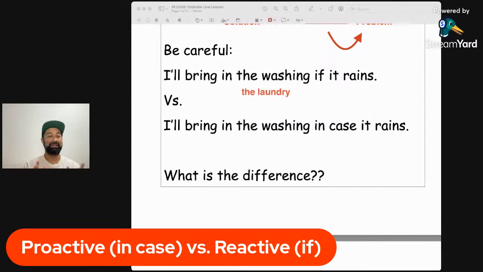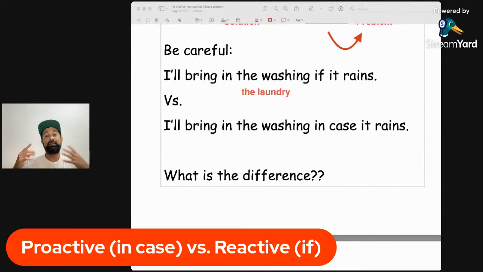I'll bring in the washing in case it rains. So I've hung out my laundry. My laundry is on my terrace and everything's fine. But I check my smartphone, I check my phone's weather app, and it says, oh, there is a possibility of rain, 60% chance of rain this afternoon. I look outside into the sky and it's gray and I can see some dark clouds coming.